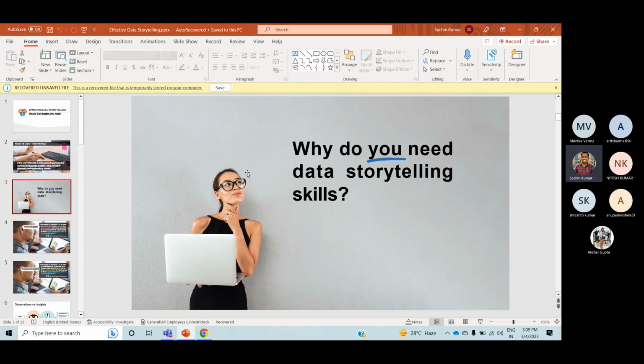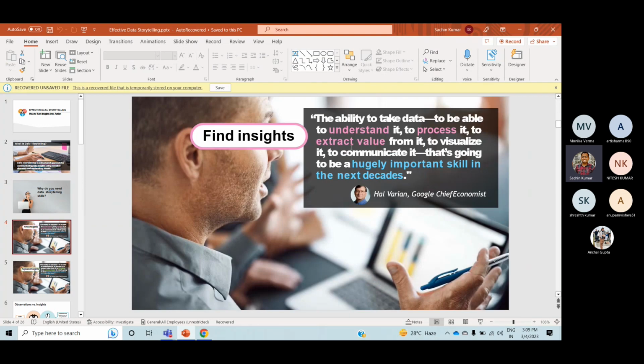Currently, data storytelling is an emerging field which everyone must learn. With data storytelling we find insights, the ability to take data, understand its true value, visualize and communicate it, and that is going to be a hugely important skill in the next decade.